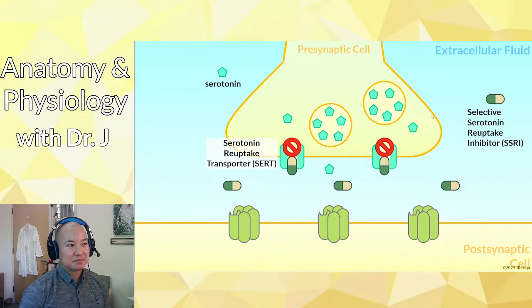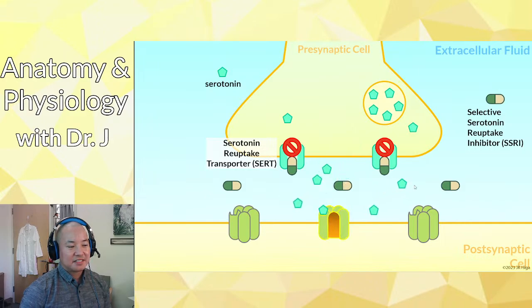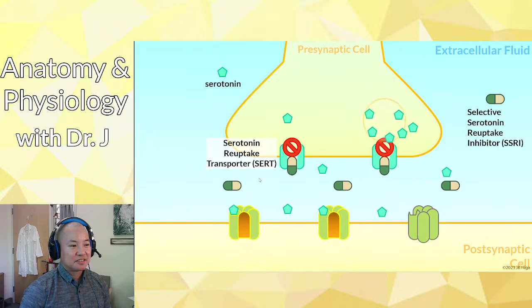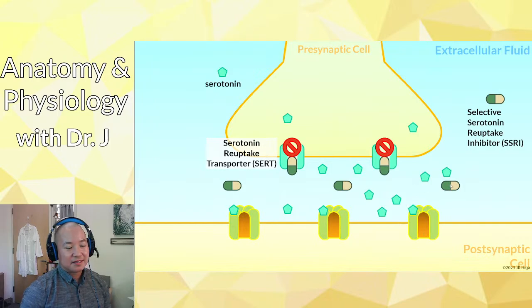Say you excite this presynaptic cell, it releases its serotonin and activates the synapse. Well, if you inhibit the reuptake transporters, and you have the serotonin here, how are you going to get rid of it? Well, you had a major way of getting rid of serotonin. So with these serotonin reuptake transporters being blocked, this serotonin stays in the synapse longer.